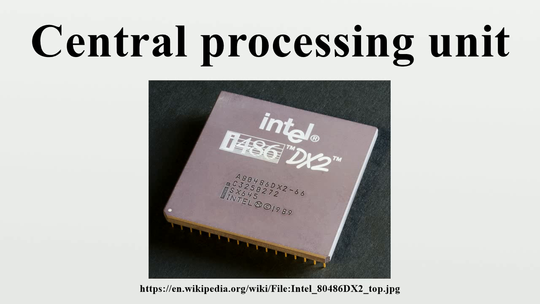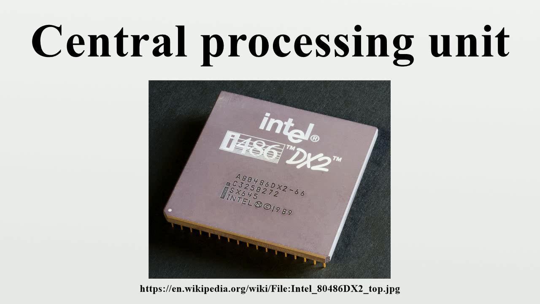After the execution of an instruction, the entire process repeats, with the next instruction cycle normally fetching the next in-sequence instruction because of the incremented value in the program counter. If a jump instruction was executed, the program counter will be modified to contain the address of the instruction that was jumped to, and program execution continues normally.